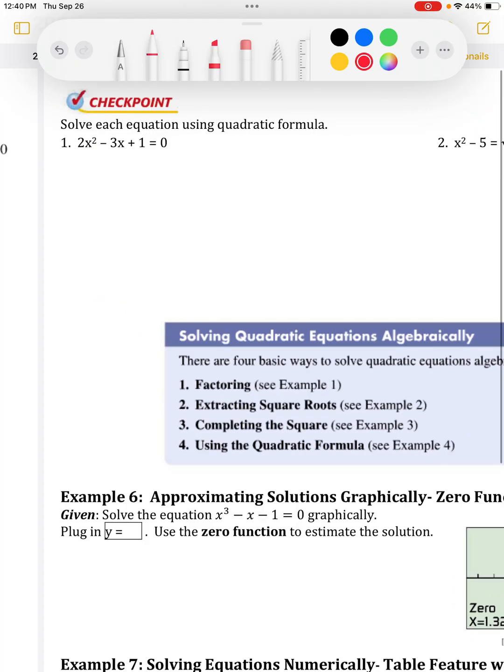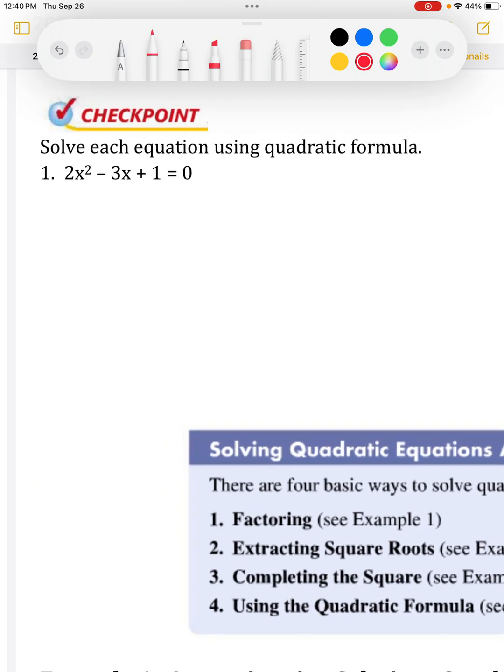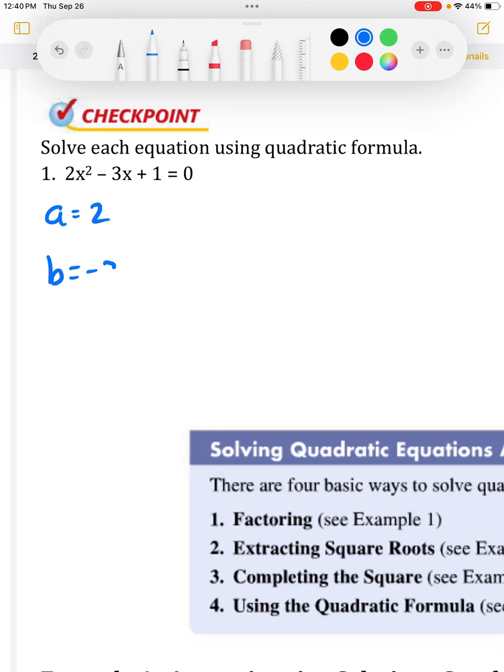All right, so let's look at number 1. Here, A is 2, B is negative 3, and C equals 1. And I'm good to go because it's equal to 0.